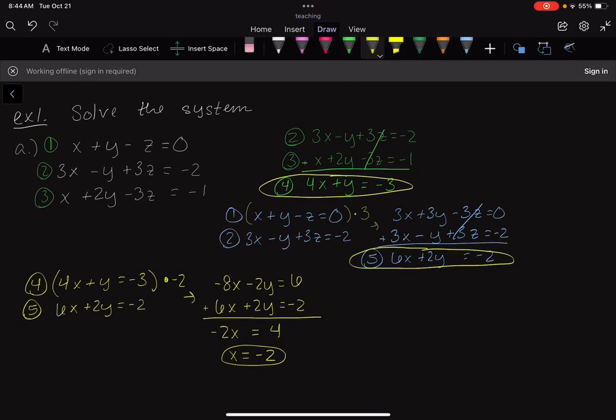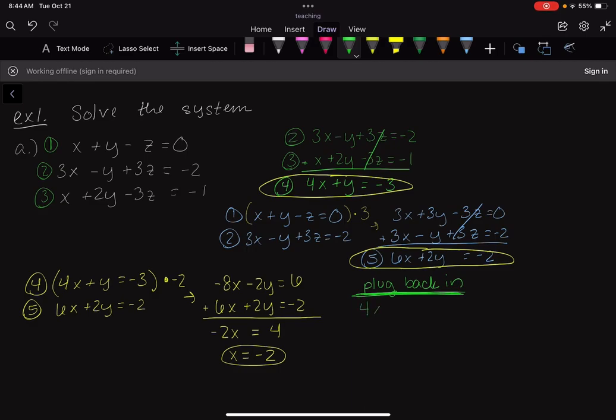Now that we have our x value, we can start plugging back in. So if you go back and look at equations 4 and 5, those have an x and a y in them. So I can plug my x into those and solve for y. So I'm plugging back in to get my other variables.